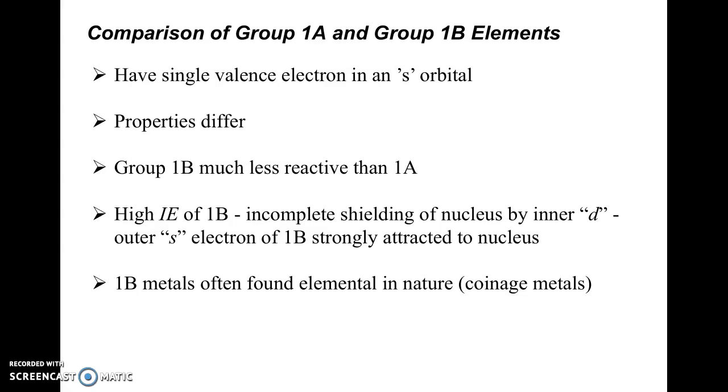However, those transition metals are often found in their elemental form in nature, and they're talking about coinage metals. You know, we have a lot of coins that are made out of copper and nickel and some of the other transition metals. All right, that's it for Chapter 8.